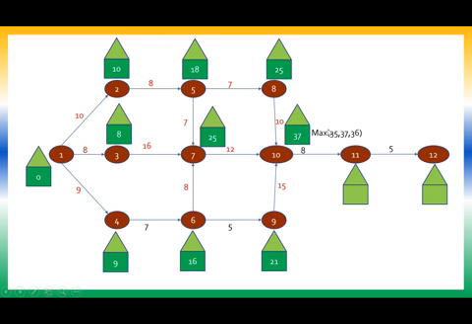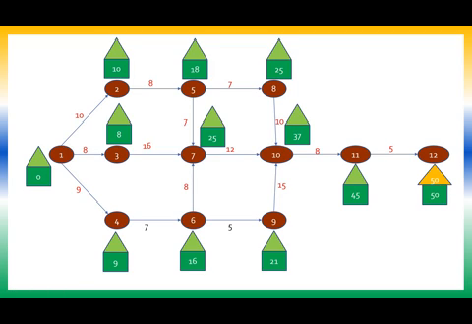So 25 plus 10, 35. 21 plus 15, 36. Or 25 plus 12, 37. Which is maximum? 37. So I write 37 here. Next, 37 plus 8, 45. 45 plus 5, 50. So the forward pass computation is complete.